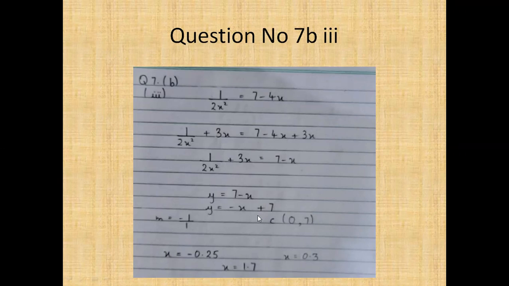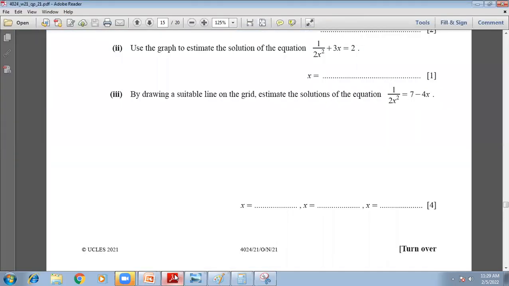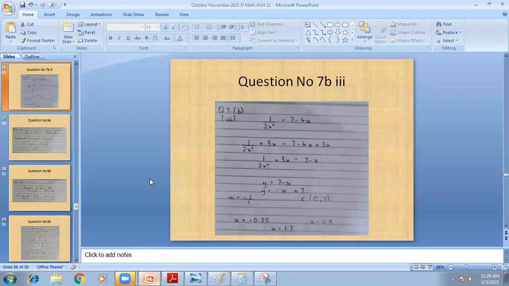So here you know that its y-intercept is (0, 7), and the gradient is minus 1. What was the question? The question was, draw a suitable line on the grid, estimate the solution of this equation. Okay, so we will draw this line. Let me show you.